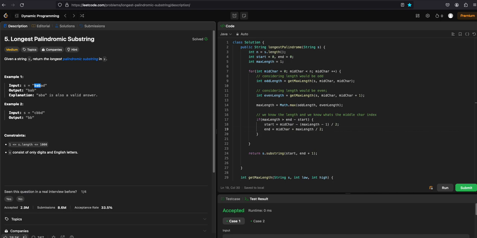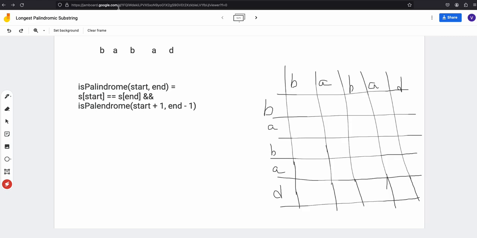So can we optimize this solution? Yeah, let's try to look at the problem in a different way. When is a substring a palindrome?